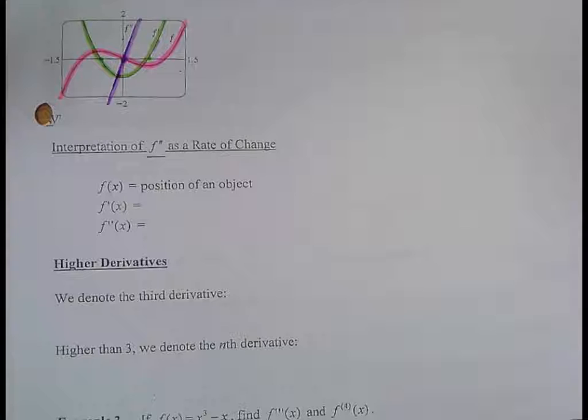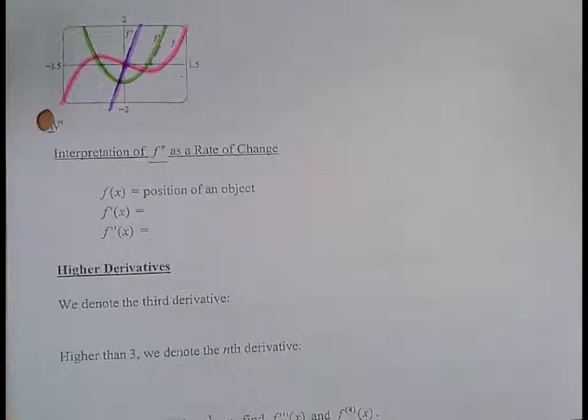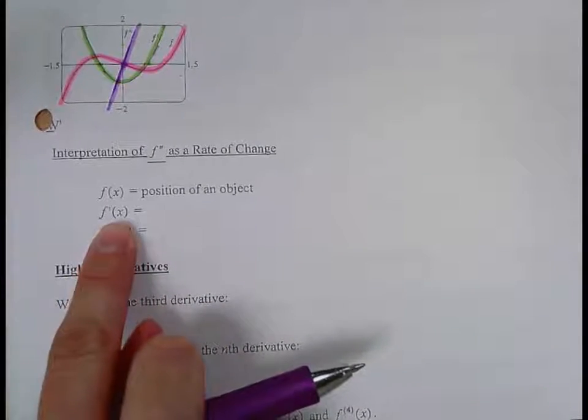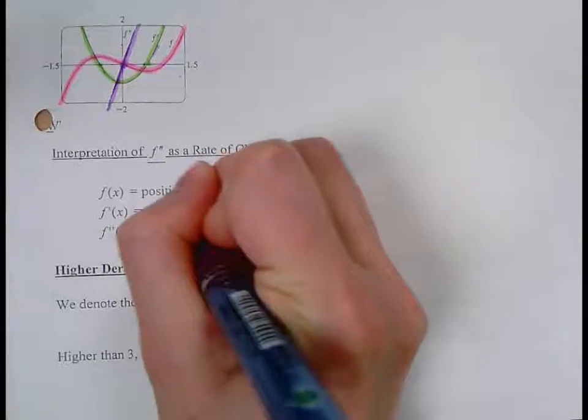Interpreting this more, going back to our main application in calculus, which is position and velocity, now we're adding a second derivative to that. So if the original function represents the position of the object, or the displacement, f prime represents the velocity.